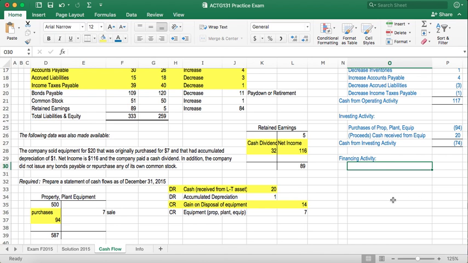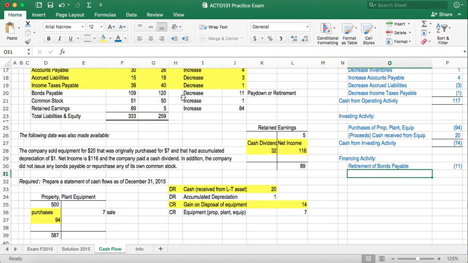The first item is a decrease in bonds payable, which is a pay down or a retirement. So let's call it a retirement of bonds payable. And that means cash was reduced. The company had issued bonds earlier to investors, and now they're retiring those bonds by paying for them.